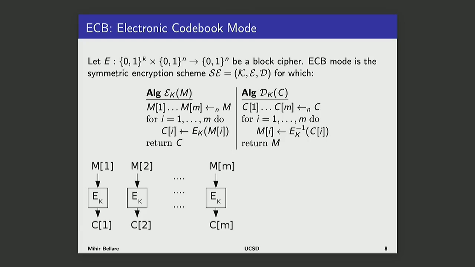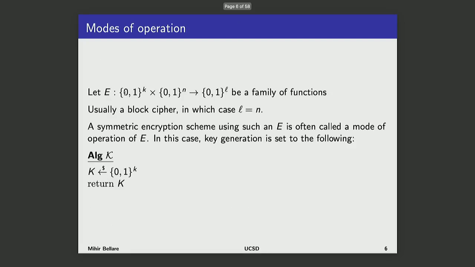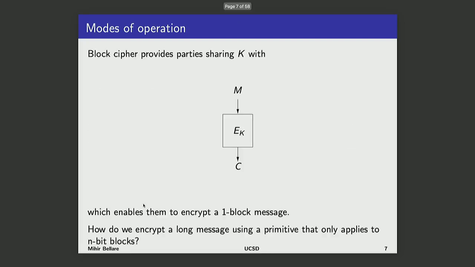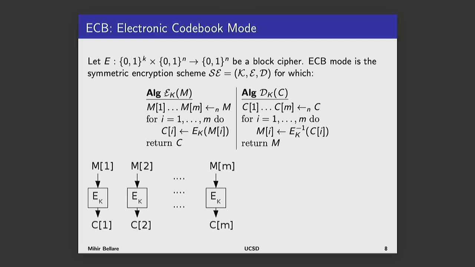Now, given that we said it's a symmetric encryption scheme, we may as well detail what that means. It means I have to tell you what the 3 algorithms are. So key generation, we already said, works like this, so we don't have to mention that. Encryption and decryption are written here, and that's how you usually see them in some kind of pseudocode. And they just implement the picture.